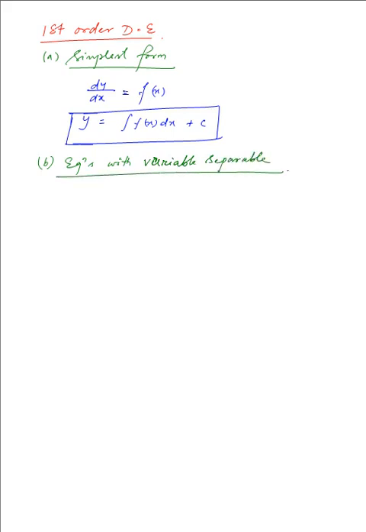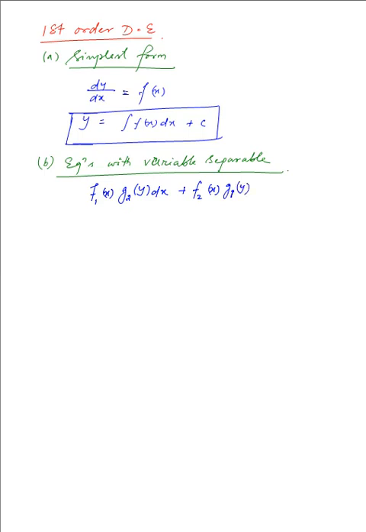Now in this we get the kind of equation which involves functions of two types. Let us say we have an equation where f1(x), as a function of x obviously, is multiplied by g2(y), a function of y, multiplied by dx, plus f2(x), again a function of x, times g1(y).